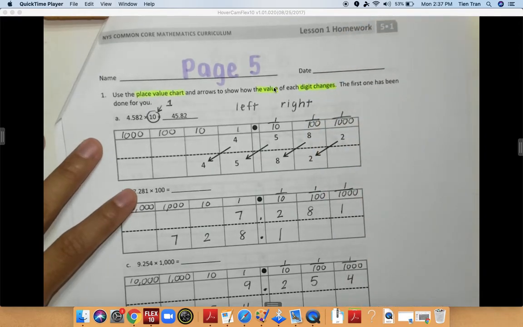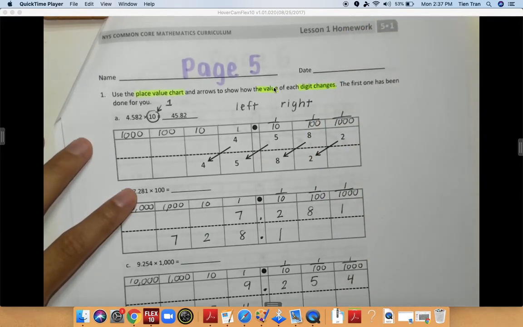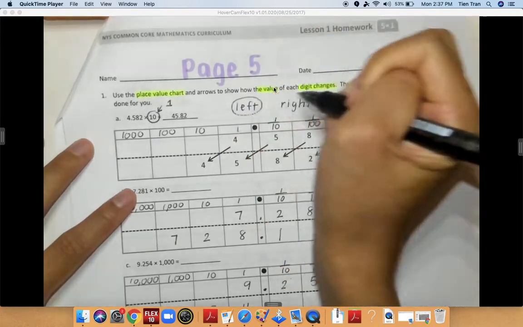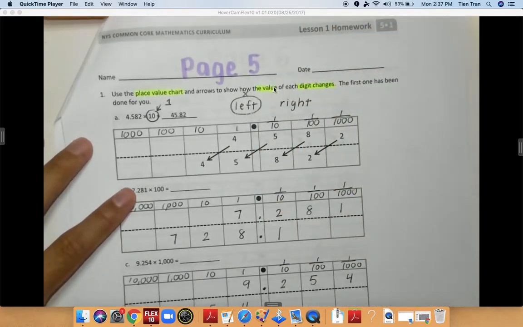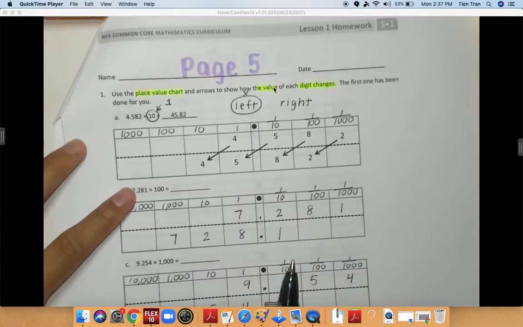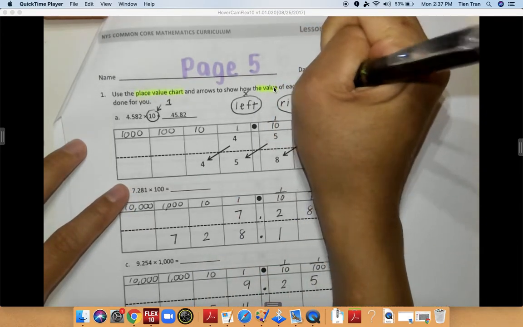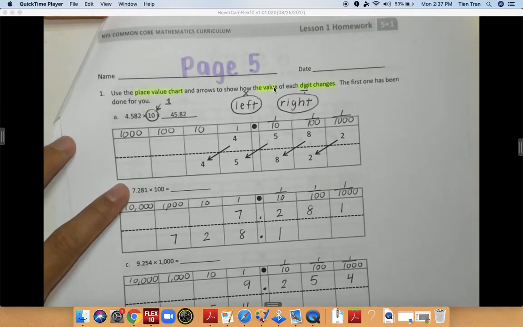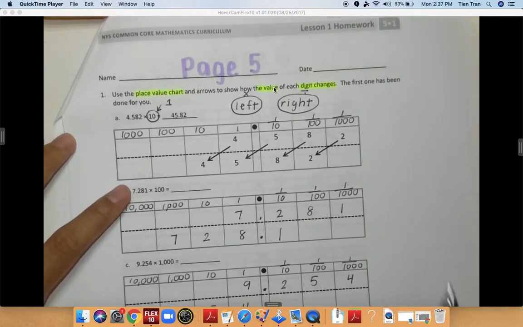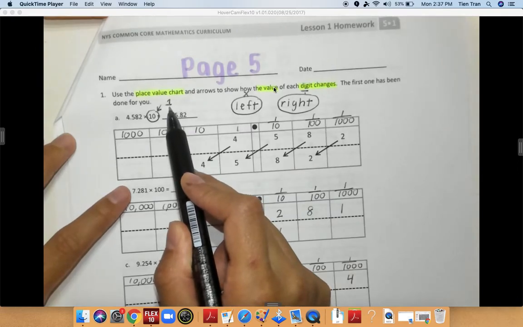In this case, it is going to move to my left because my number is multiplying, so my number is getting larger. If I was dividing, then my number would move to the right because my number would be decreasing and getting smaller. So if you look here, I'm going to move 1 time to the left.